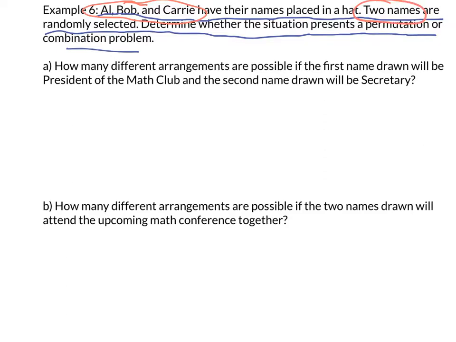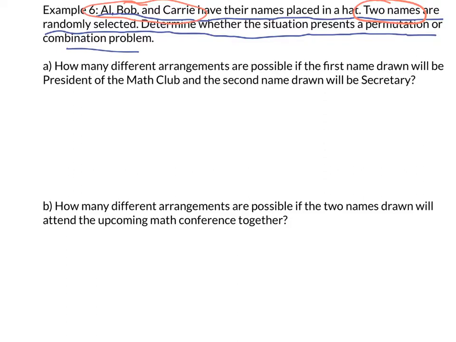So whenever you're not selecting and counting out everyone or all the items, you're only selecting, counting out some of the items or some of the people's names, that's how you know it's either going to be an NPR or an NCR button question. So that's what makes it different from the examples we were doing earlier in this video, is that we are only counting out 2 out of the 3 total names.